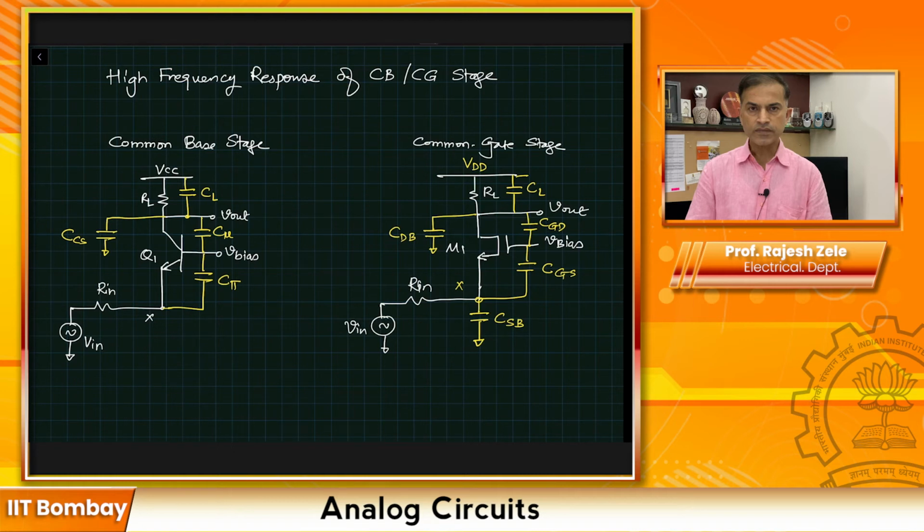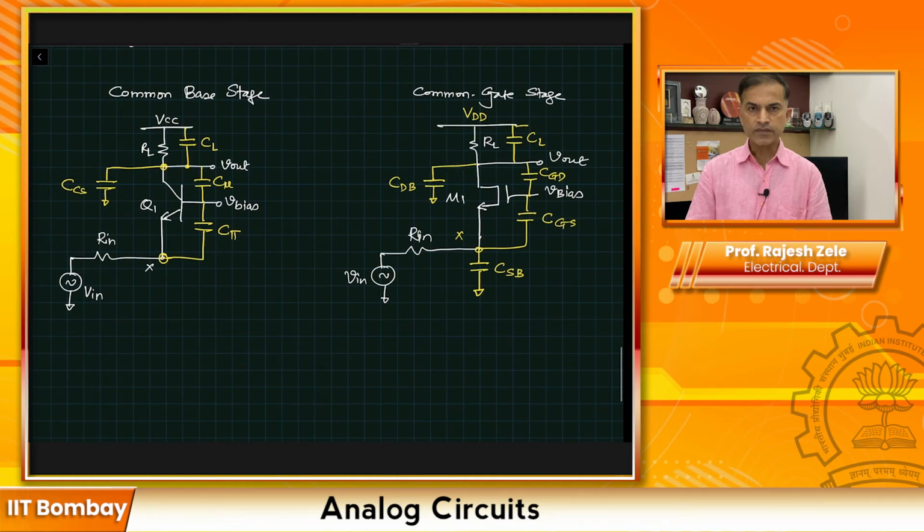So 2 points I wanted to make here. One of them is, in this particular configuration, our input is at the emitter or source and output is at the drain or collector. So there is no capacitance from input to output in this configuration, as a result of which we don't have a Miller effect.